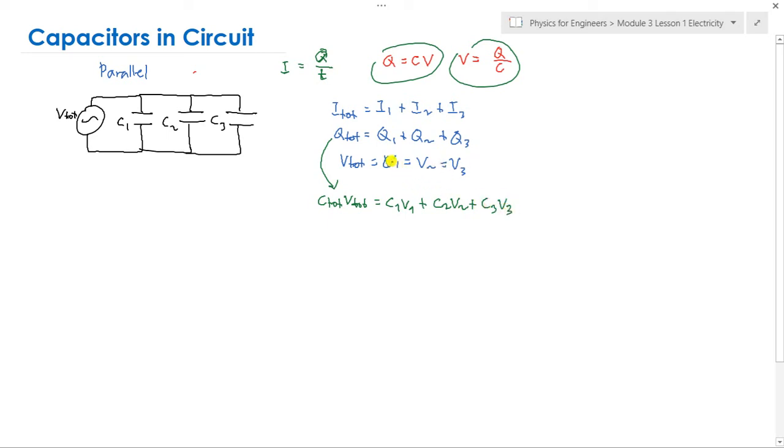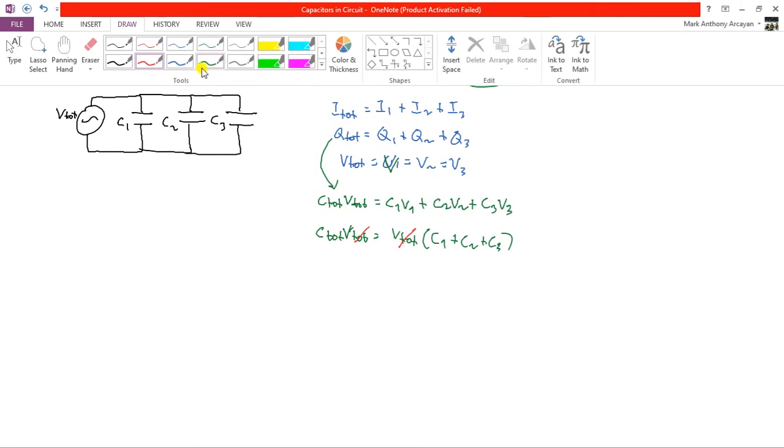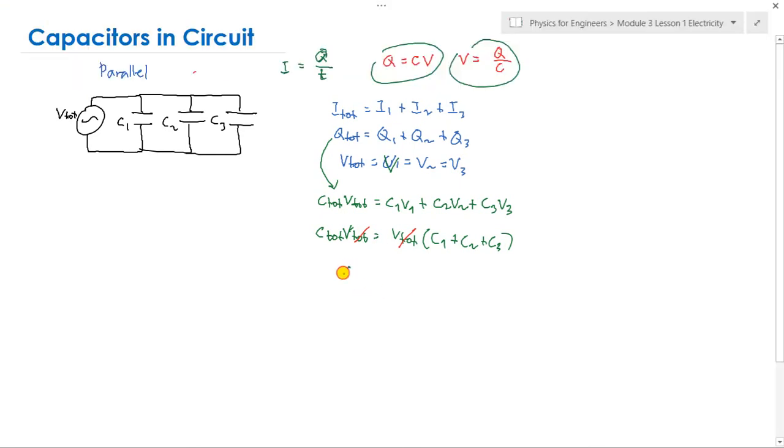However, for a parallel connection, V1 is just equal to V2 equal to V3 equal to V total. Then we can factor it out. We now have V total times C1 plus C2 plus C3. Now we can cancel this out. So therefore, the total capacitance of a parallel connection is just the sum of the capacitance of each individual capacitor.